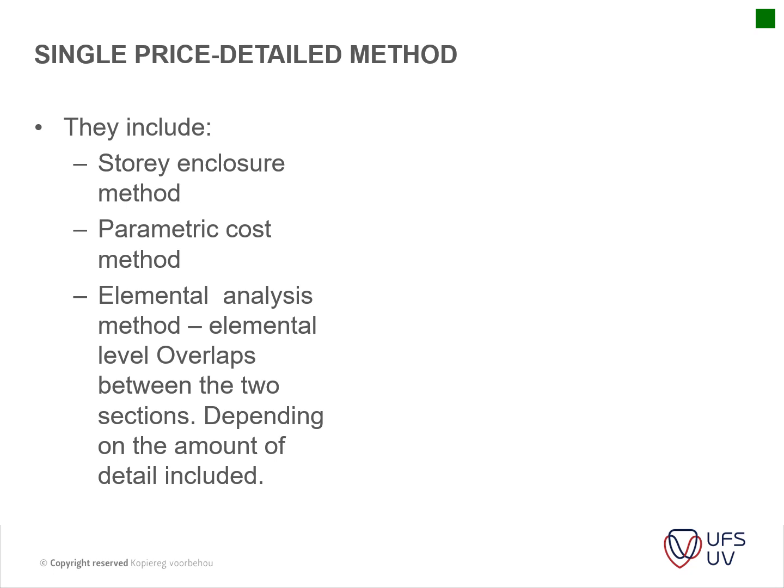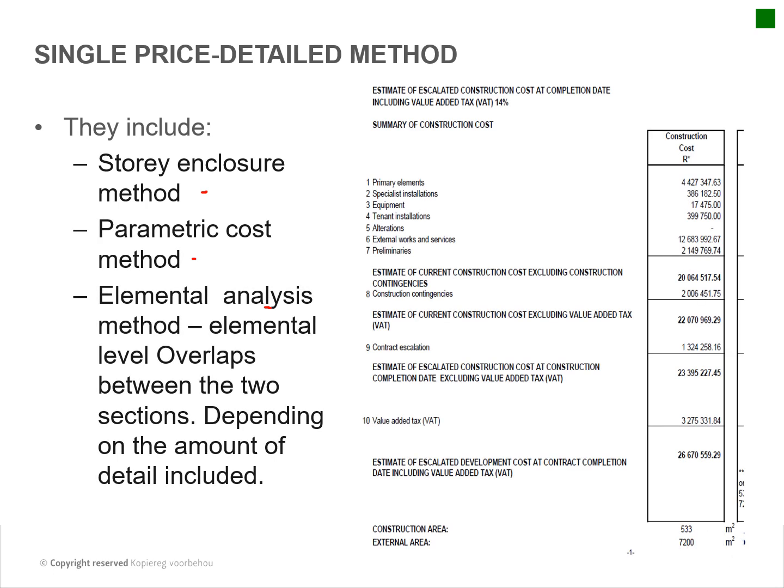Then we've got our single price detailed methods. So we've got our story enclosure method, our parametric system or method, and then we've got our elemental analysis method. So the analysis method is just the higher end of estimation, but you will understand that as soon as we get into the actual examples of those.